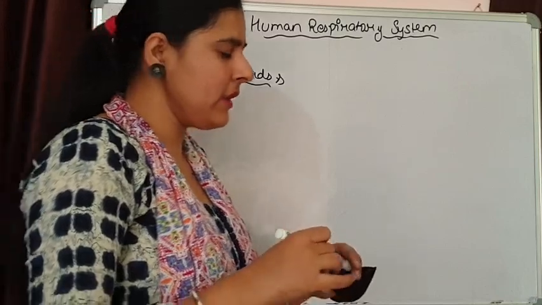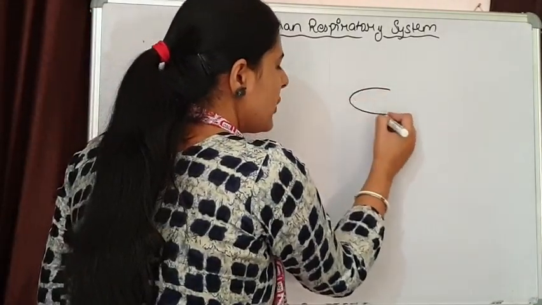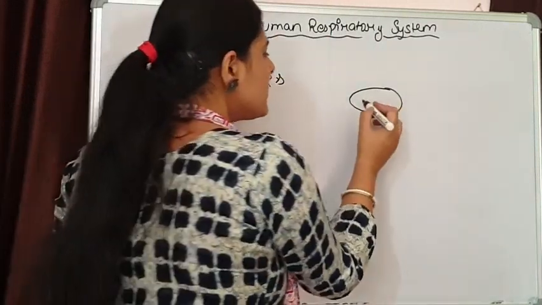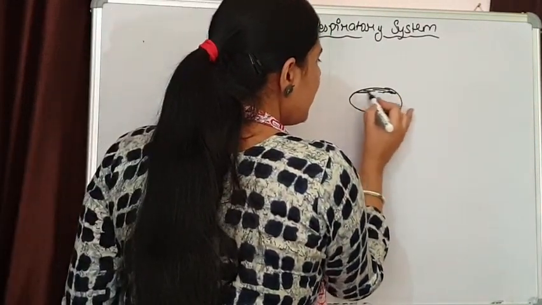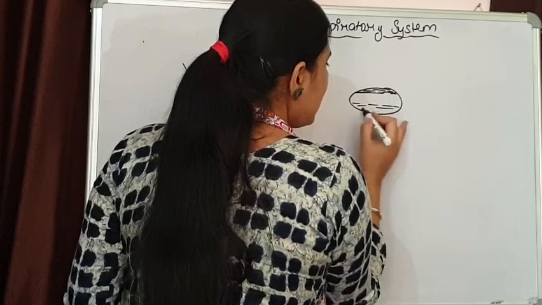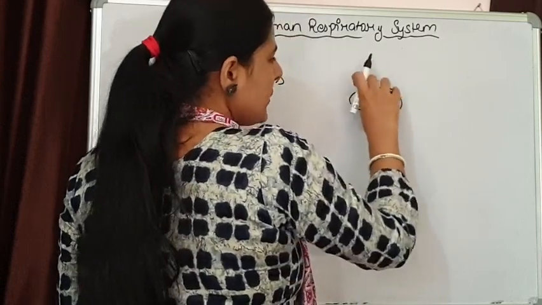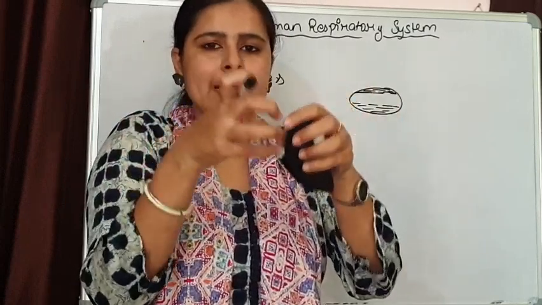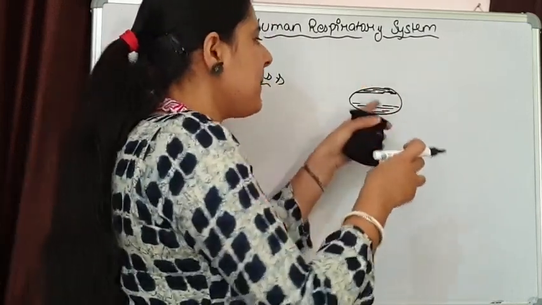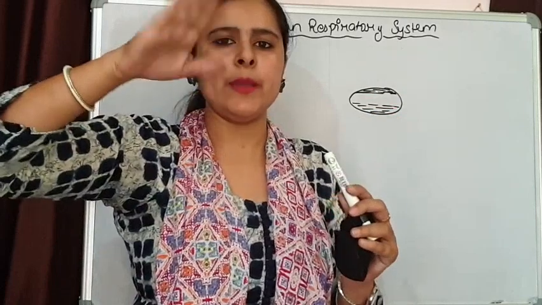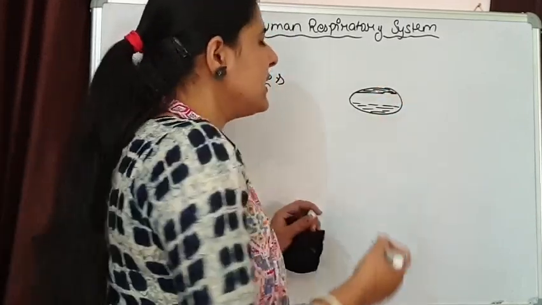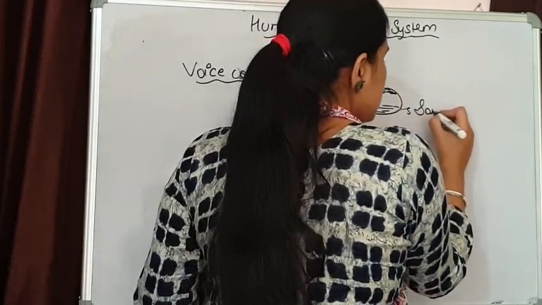The larynx is going to be a circular structure. The voice cords are basically formed by two membranous folds that are extending toward the lumen. This will be the lumen of the larynx. They are extending towards the lumen on the interior side, and these membranous folds are going to vibrate, and the vibration of these membranous folds leads to the production of sound.